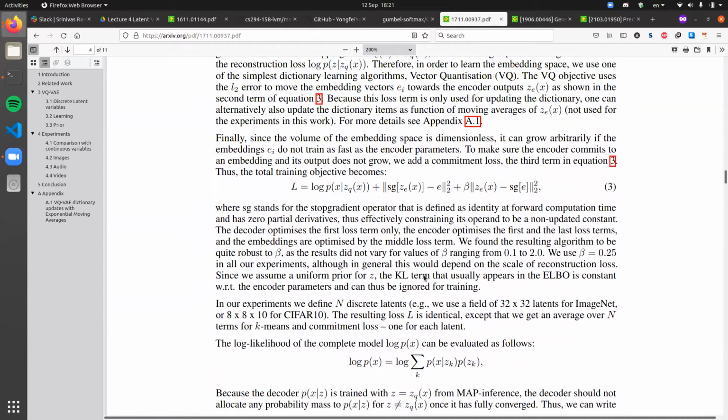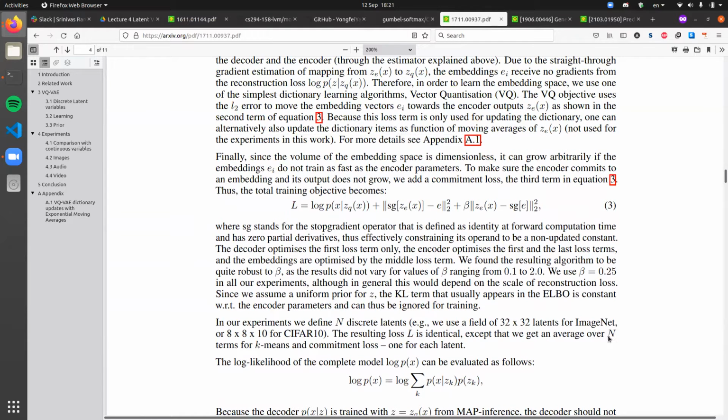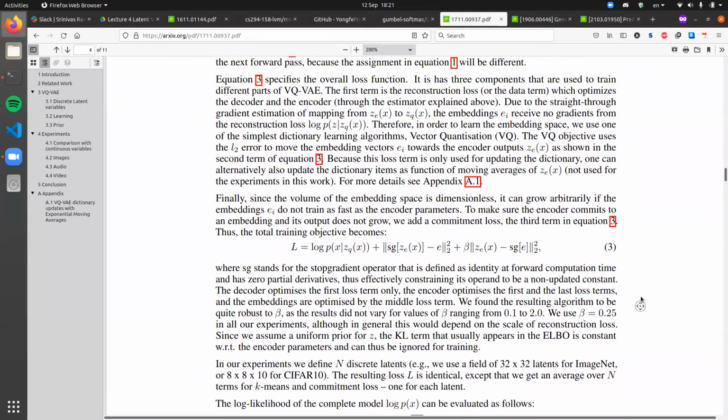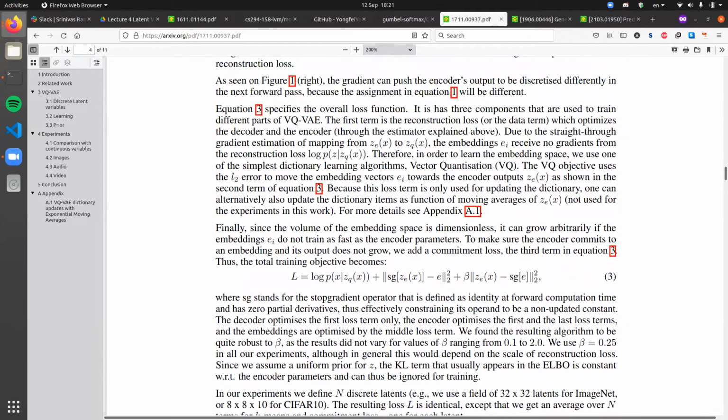Yeah, once we get to the code, we will look at what stop gradient is. Basically, the stop gradient function is, for example, in PyTorch just ze.detach, right? And in TensorFlow, it will be tf.stop_gradient of ze.